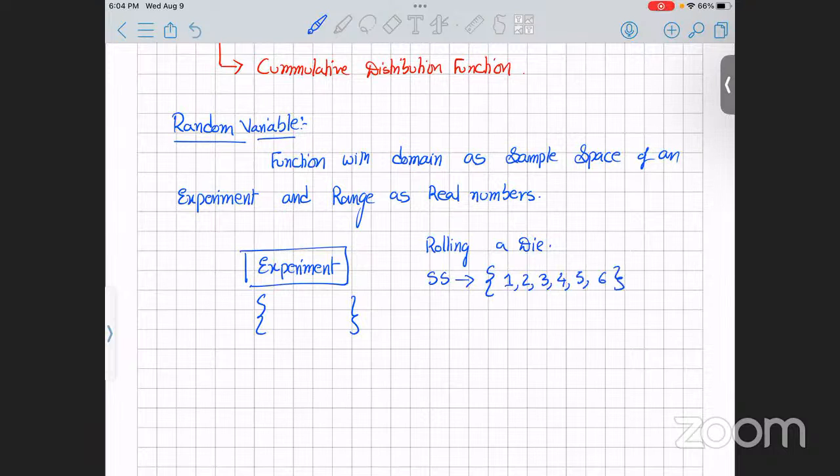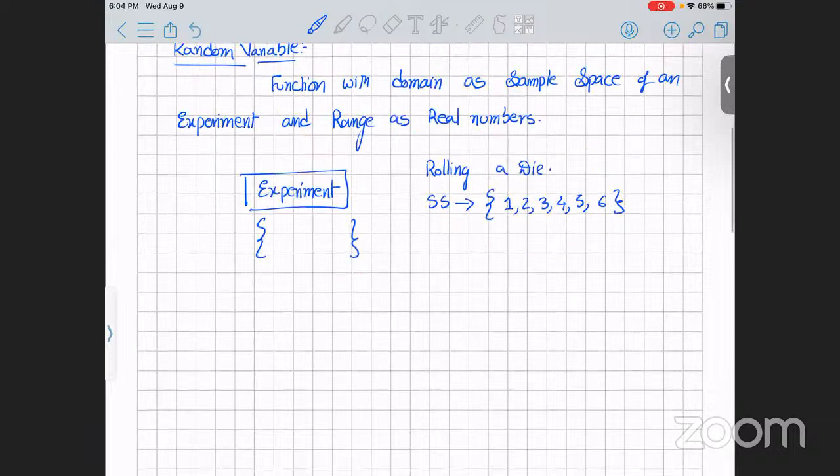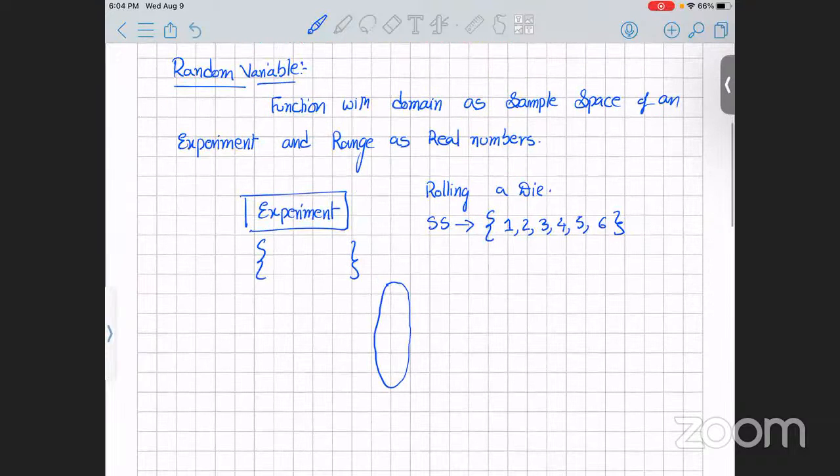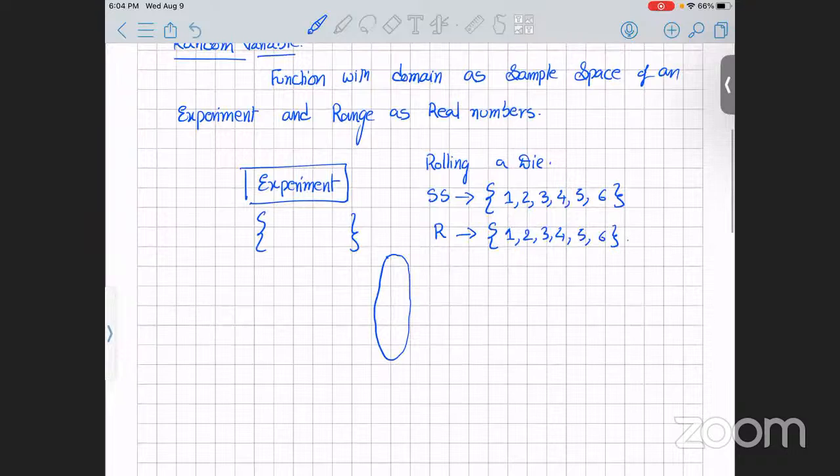The function has domain as the sample space. Domain means the x values, the sample space, and the range is real numbers, when x equals 1, 2, 3, 4, 5, 6. Are you getting this?